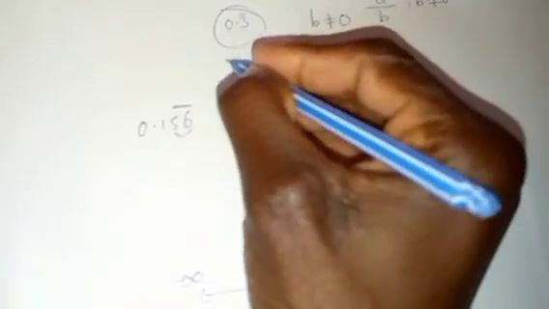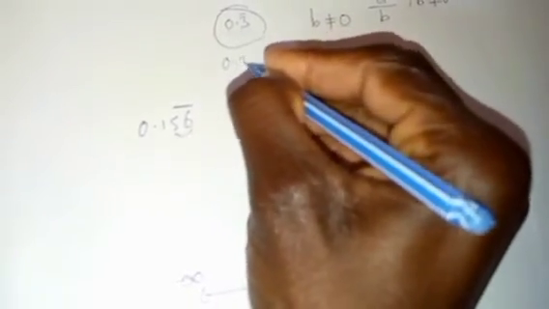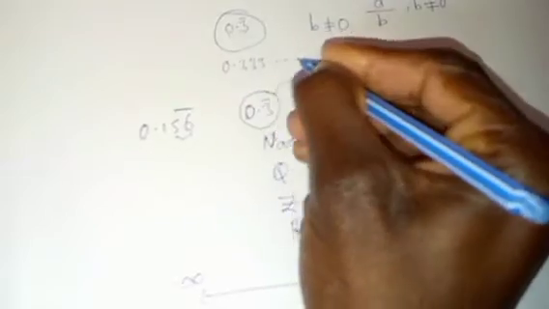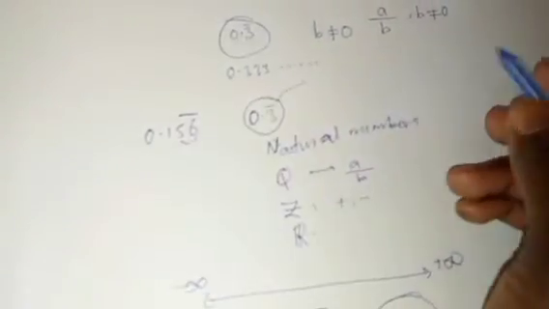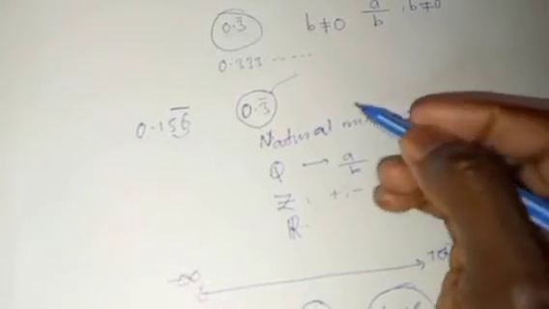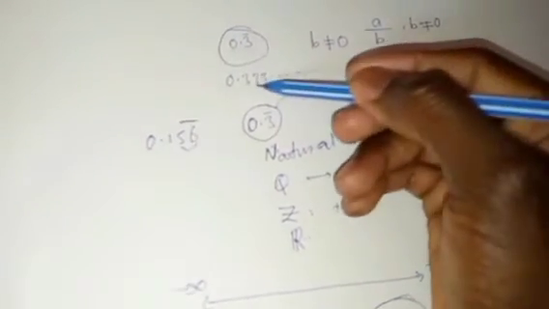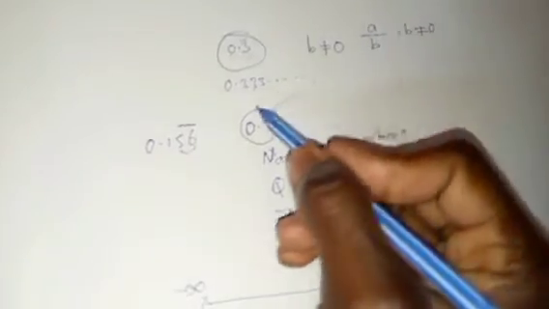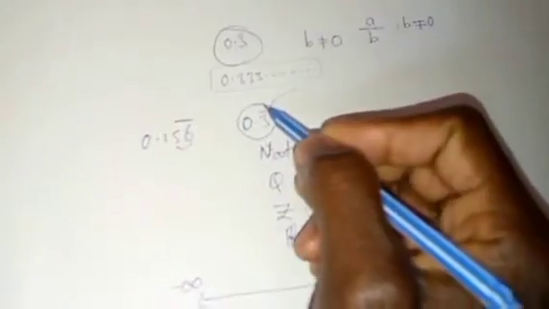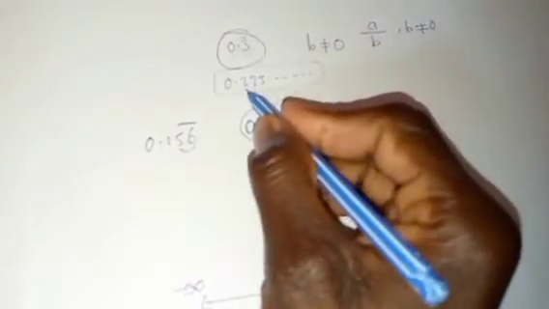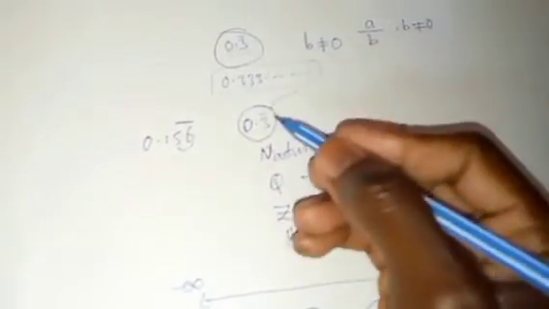This number, if you see, can be written as 0.333, and then I can put dots to show that these same threes are continuously going. So to express this number in that form, you have to come up with two different equations that have a repeating number just after the decimal place.